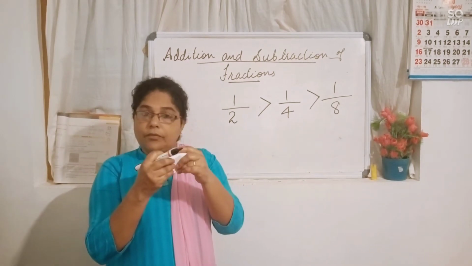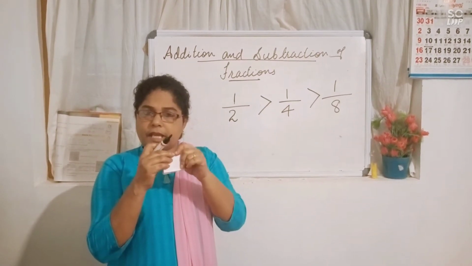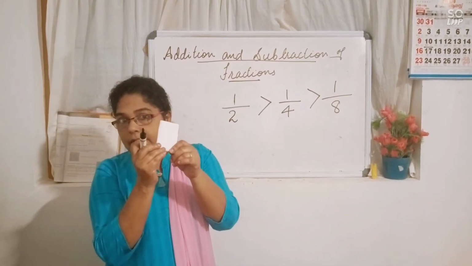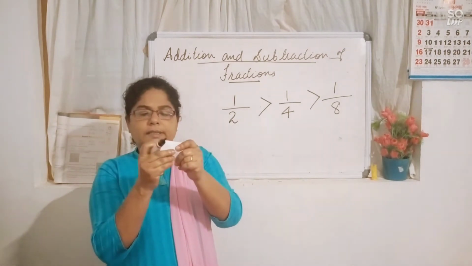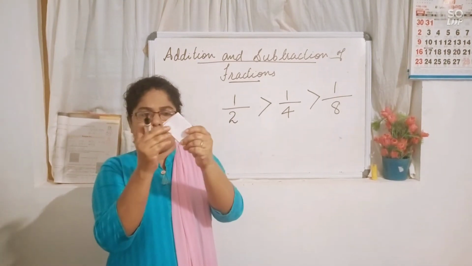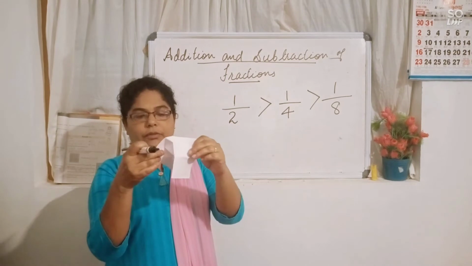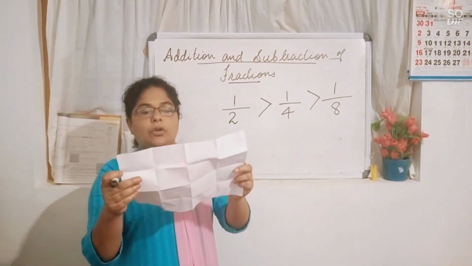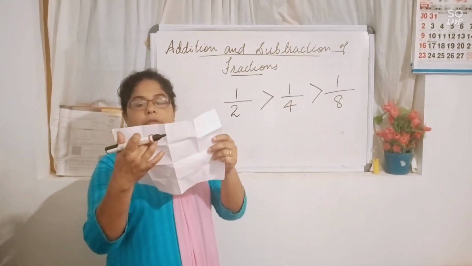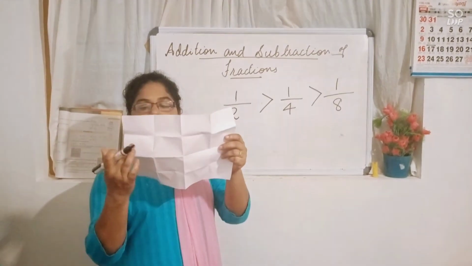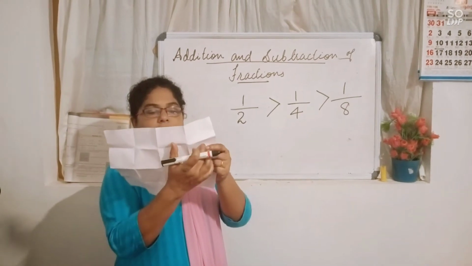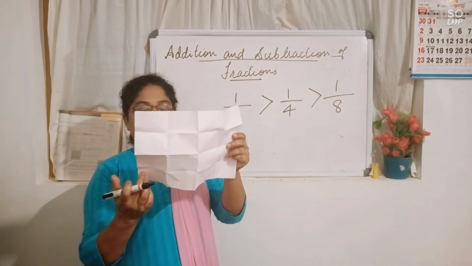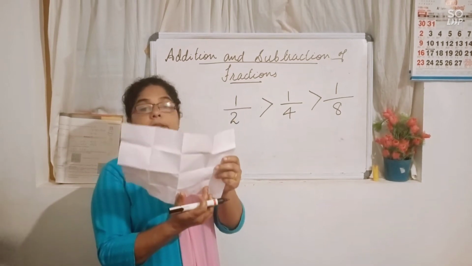We made one more portion again. So the size of the piece is again reducing. I made one more portion and we are going to count it. Okay, how many portions in total did we make? Okay, count all of you quickly. 1, 2, 3, 4, 5, 6, 7, 8, 9, 10, 11, 12, 13, 14, 15, 16.